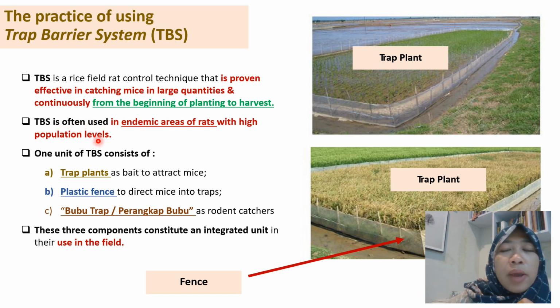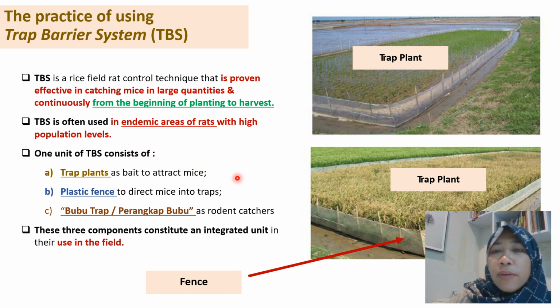It is used in endemic areas, and one TBS consists of, the first one, a trap plant. This trap plant is commonly planted 3 weeks before or 3 weeks later than the surrounding area. This is a bait to attract mice.